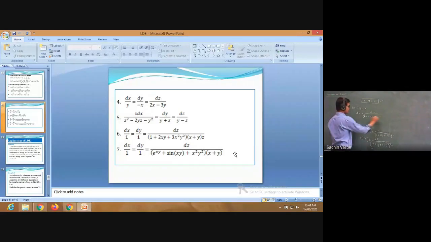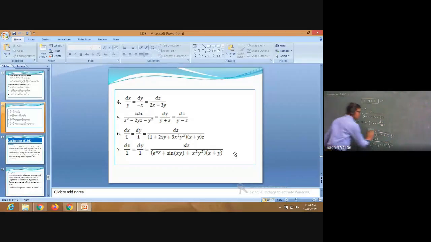Now, is it variable separable form, or is it possible to get variable separable form? Yes. How do I get a variable separable form? (1 plus 2v plus 3v square) into dv is equal to dz upon z. This is variable separable form in the new variables v and z.